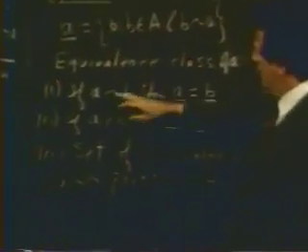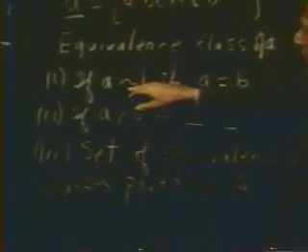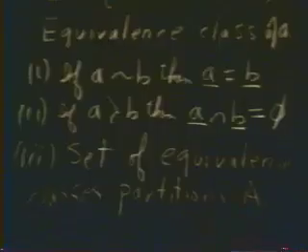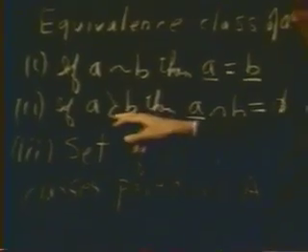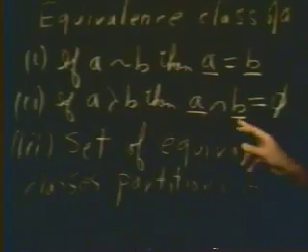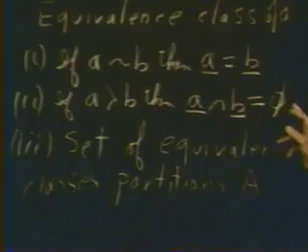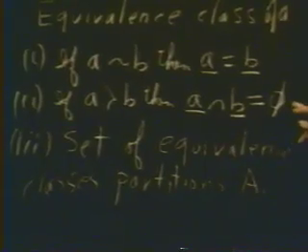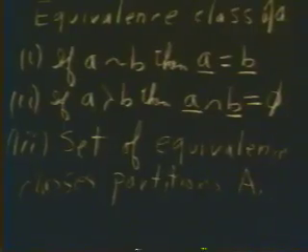Notice in stating these properties, I'm of course assuming throughout that we have given a weak order and that the equivalence relation is the one defined earlier for such a weak order. The second property is that if A is strictly greater than B in terms of our strict relation, then the intersection of the equivalence classes of A and B is empty. Obviously it holds the other way if B were greater than A.